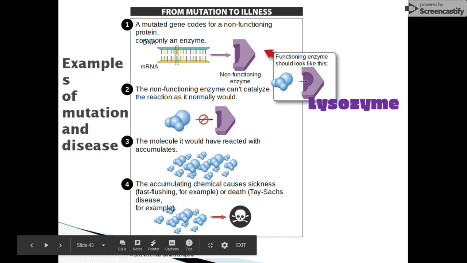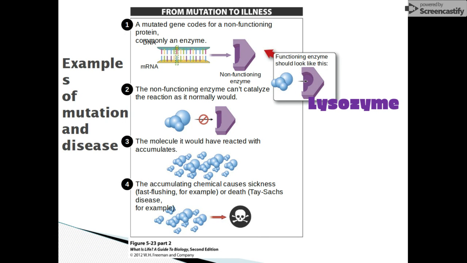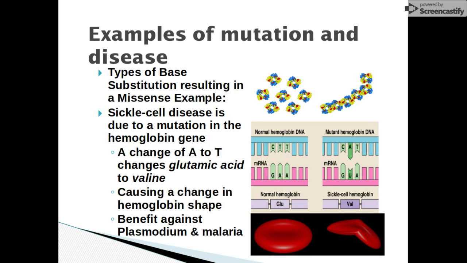Okay. In the case of Tay-Sachs disease, we have an enzyme in our brain that breaks up fats that are formed in the brain. Tay-Sachs disease is a disease where that enzyme isn't made correctly, so they can't break down those fats, and so these fats build up in the brain, eventually causing death. Okay.